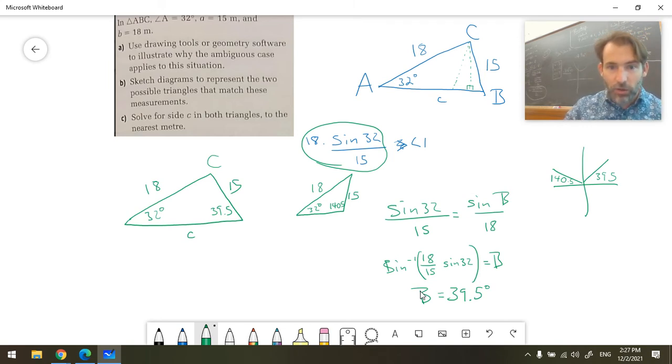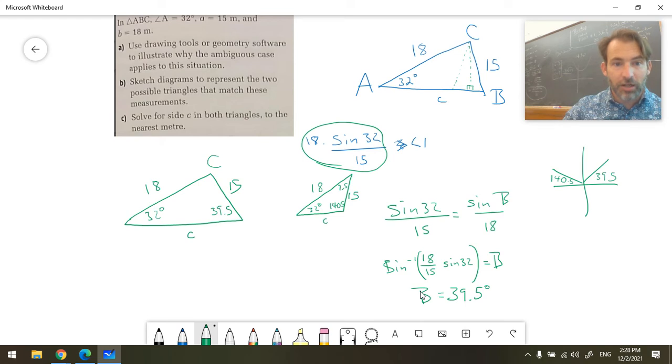Now I know these two triangles' angles. I can use that to calculate the angle up here. This would be 32 plus 140.5, which is 172.5. 180 minus 172.5 leaves me 7.5 degrees, this tiny angle.